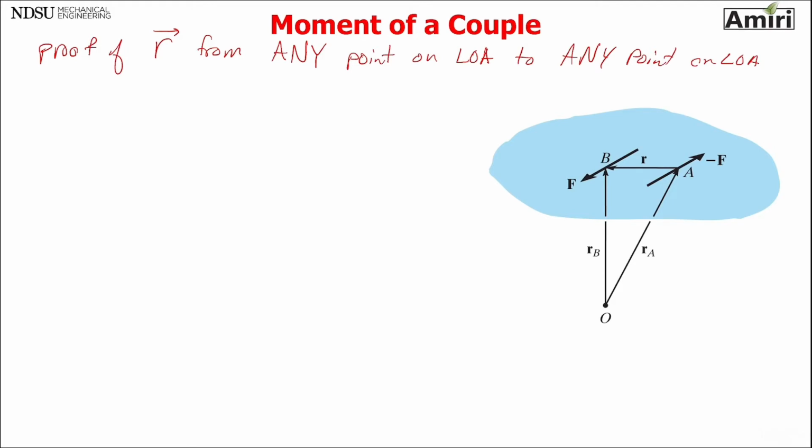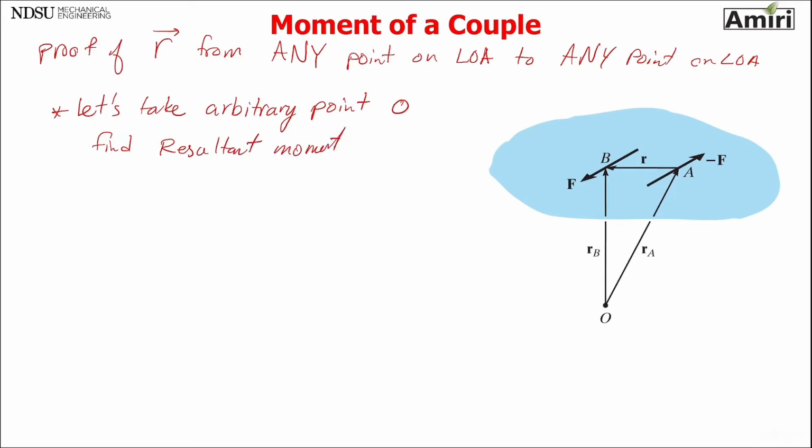I said it's about no point, but let's just take an arbitrary point O and find the moment of those two forces about point O. Let's find the resultant moment of F and minus F about that arbitrary point O.